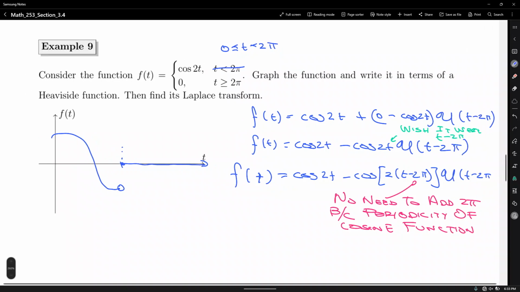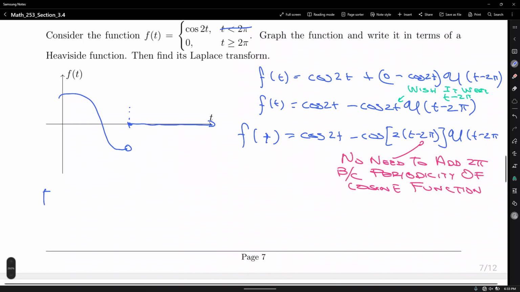So let's find the Laplace transform of this function, big F of s. The transform of cosine 2t is s over s squared plus the number that multiplies t, quantity squared, which is 4. Now again, here is where we pretend. We don't have the unit step function; we find the Laplace transform of cosine 2t, which is that same one.